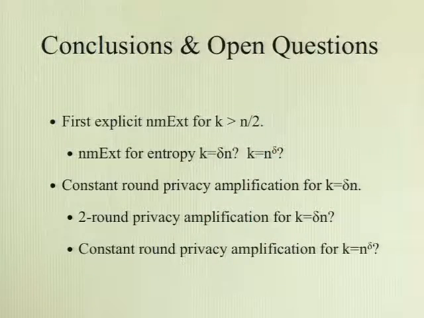Yep. Okay. So that is our final protocol, and here are some conclusions and open questions. We construct the first non-malleable extractor for entropy greater than n over 2. Of course, the first open problem is to construct non-malleable extractors for smaller entropy, say delta n, or even n to the delta.